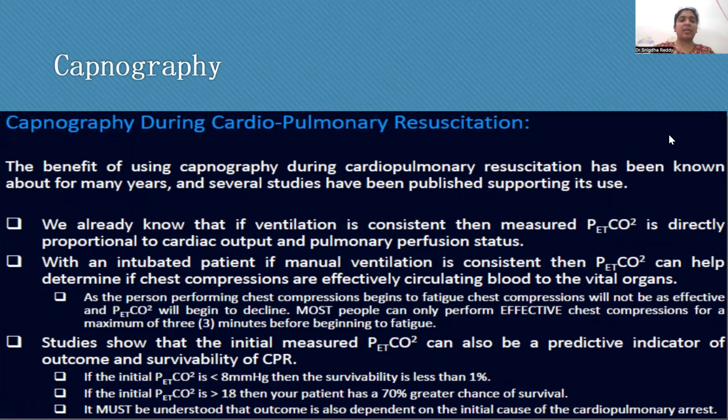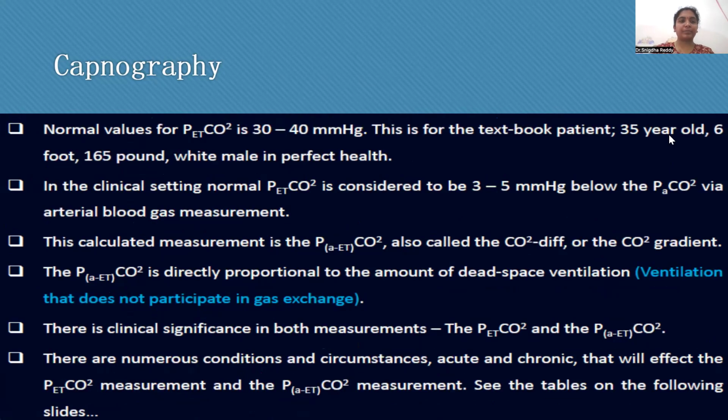Most people can only perform effective chest compression for a maximum of 3 minutes before beginning to fatigue. Studies show that if EtCO2 is less than 8 mmHg, then the survivability is less than 1%, as I earlier told. If initial EtCO2 is more than 18, then there are more chances of survival. It must be understood that outcome is also dependent on the cause of the cardiopulmonary arrest.